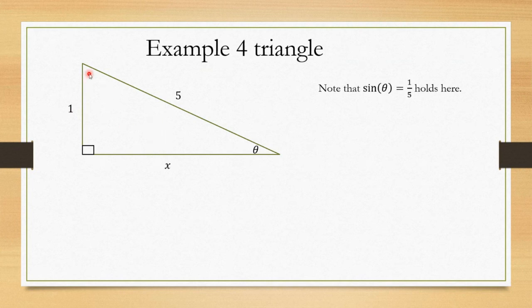So if I put theta up here, the opposite side would be down here. And adjacent side would be over here. Okay? I always put it over here out of convention, I guess, or out of habit, but just letting you know. The hypotenuse is always opposite the 90-degree angle, no matter what.